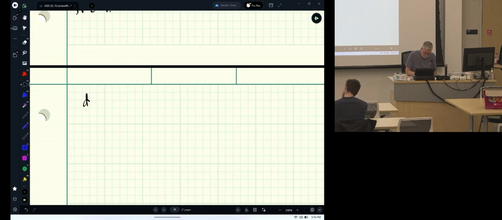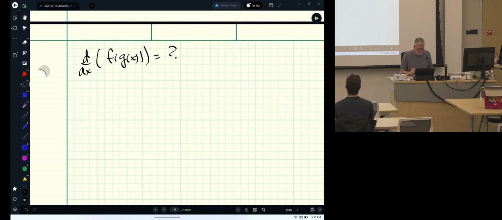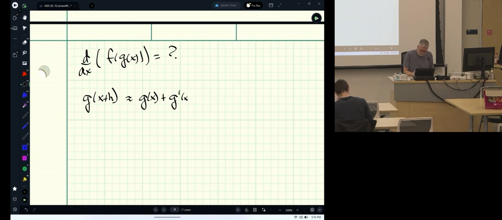Okay. d by dx, f of g of x equals. Okay. So, g of x plus h, by the linearization, is approximately g of x plus g prime of x times h, for absolute value of h small.